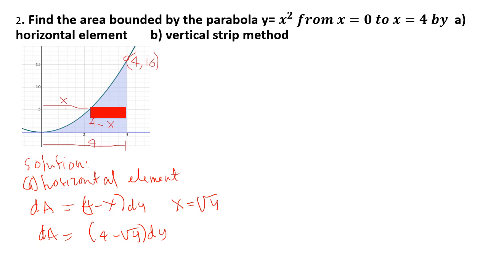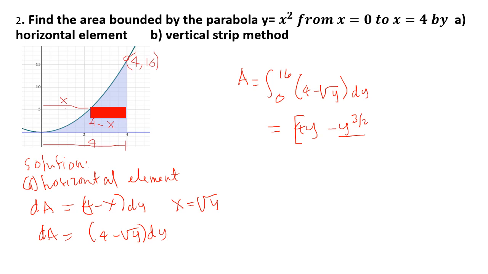So integrating both sides, your A equals the integral from 0 to 16 of (4 minus square root of y) dy, or equivalent to 4y minus y to the power 3/2 over 3/2, from 0 to 16.